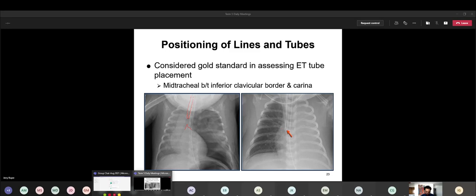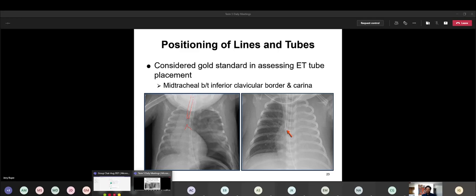If you're not careful when you're shooting an X-ray for a baby, if their head is flexed or their neck is flexed and their chin is touching their chest, then that could make the ET tube shift downward.